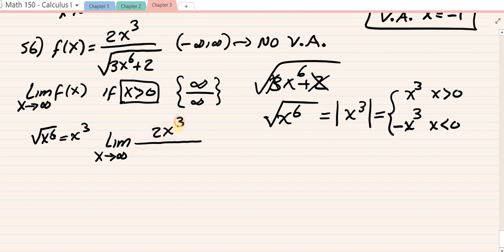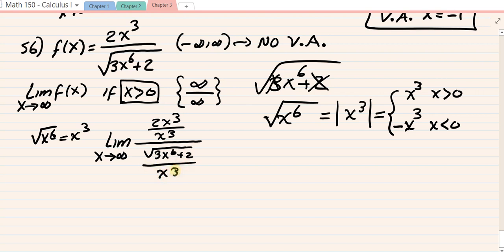But that's okay to manipulate this one. So what I want to do is divide everything by x cubed. That's going to be 2x cubed over x cubed, and in the denominator we're going to have the square root of 3x to the 6 plus 2, divided by x cubed, right?